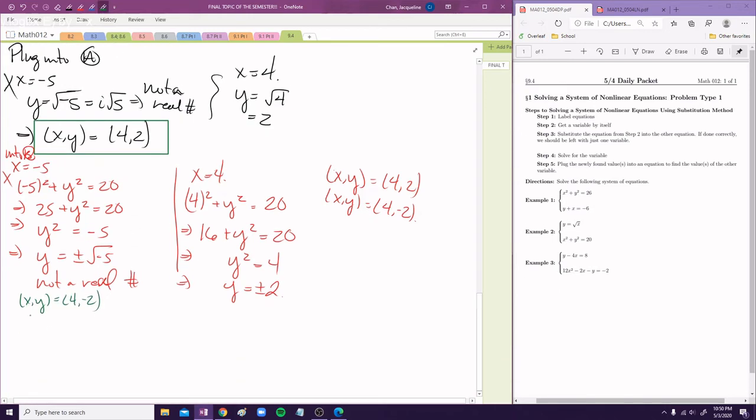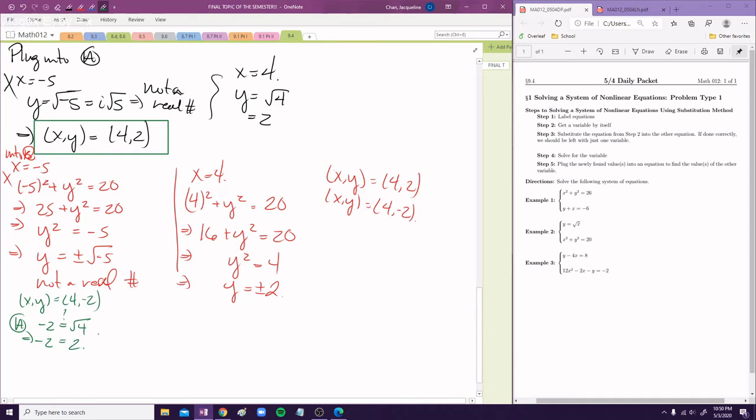If I plug it in both systems, then we're saying -2 is equal to the square root of 4. Okay, sorry, let's check this one first. If I check in A, what do I know this is? -2 is equal to 2.